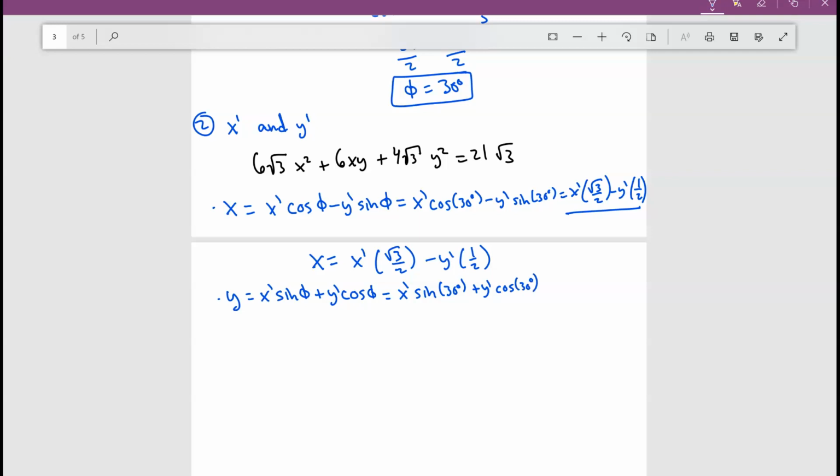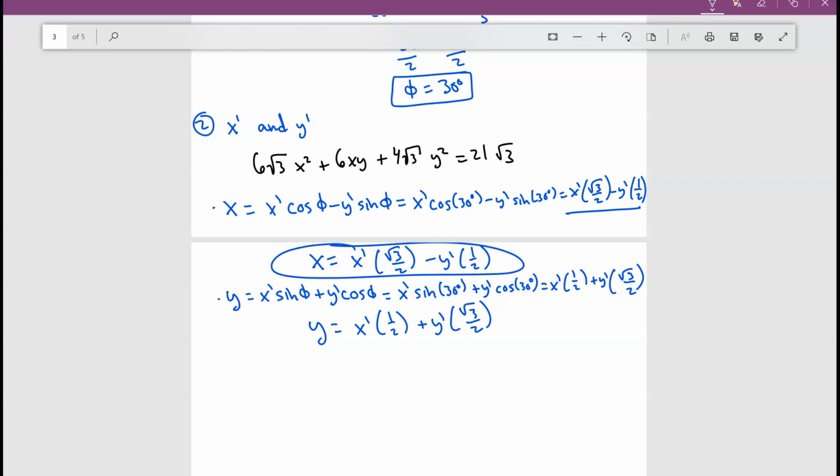Evaluating this, sine of 30 degrees gives me 1/2, and cosine of 30 degrees gives me square root of 3 over 2. So y is equal to x prime 1/2 plus y prime square root of 3 over 2. We found our x and y in terms of x prime and y prime.